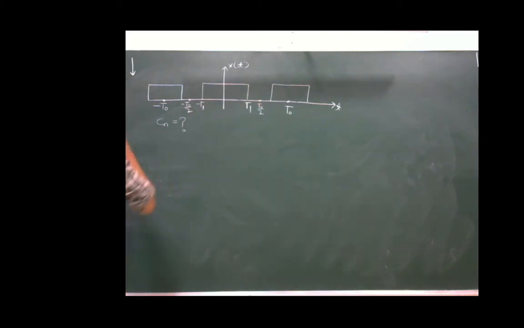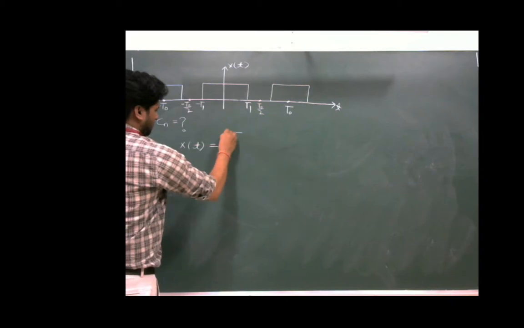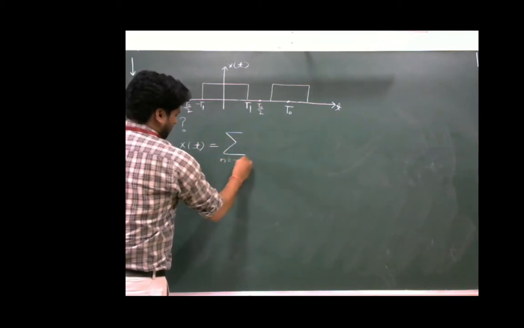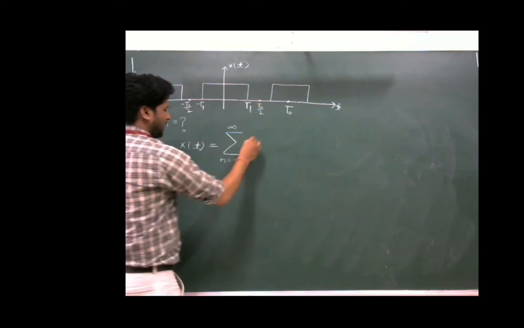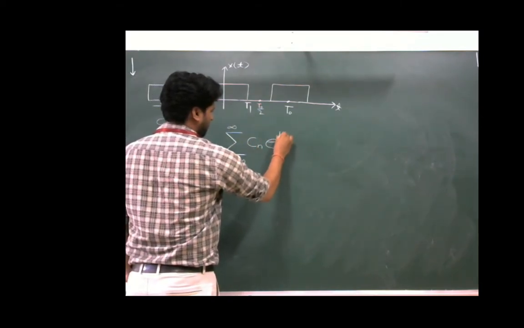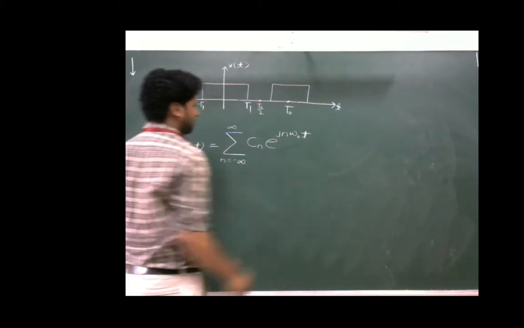So we know the signal x(t) can be written as the summation, n from minus infinity to infinity, of Cn e power j n omega naught t.